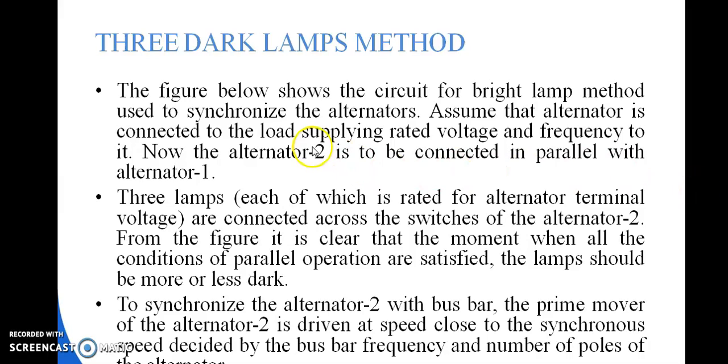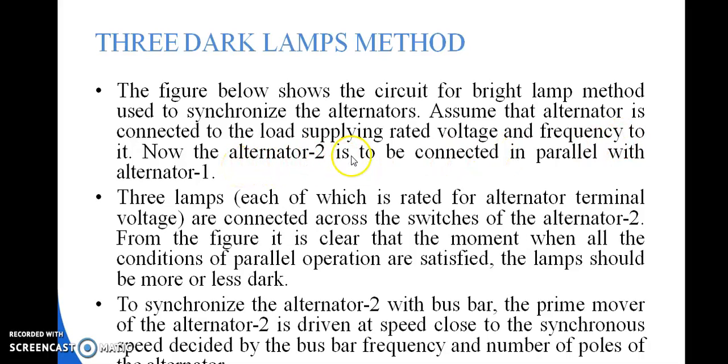So now the figure shows the circuit for the bright lamp method used to synchronize the alternators. Assume that alternator 1 is connected to the load supplying rated voltage and frequency to it.